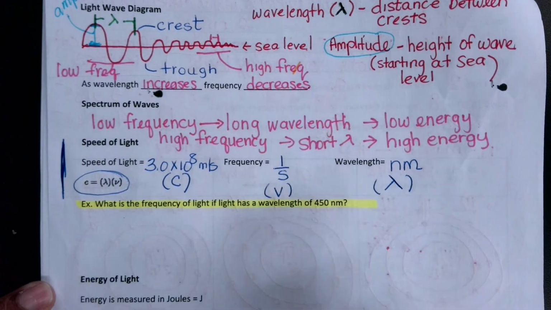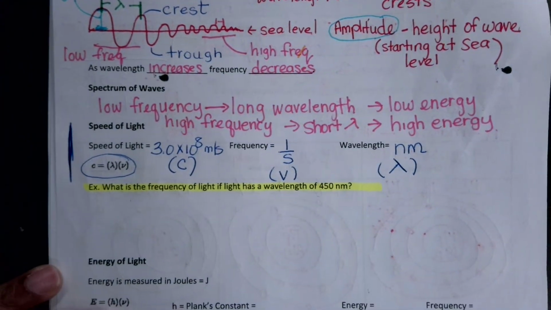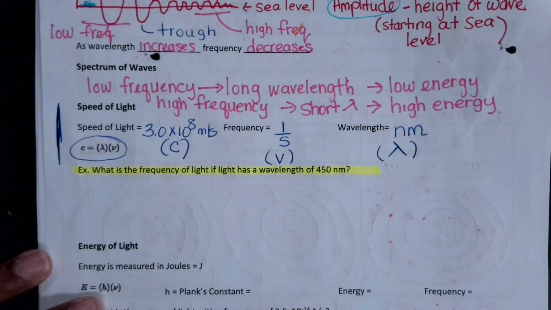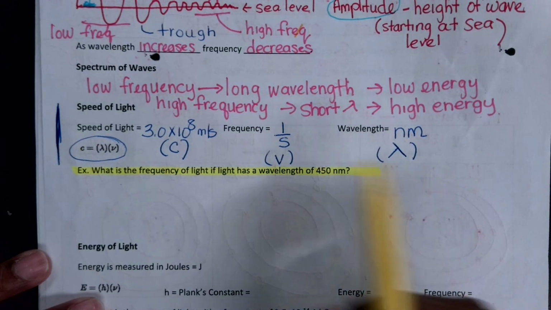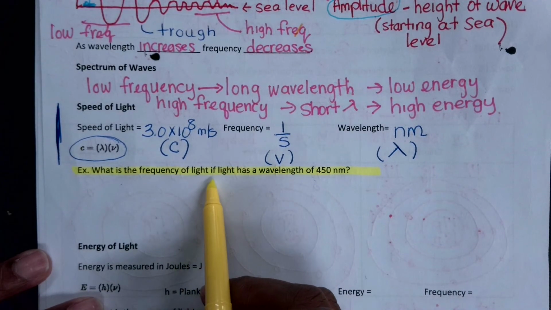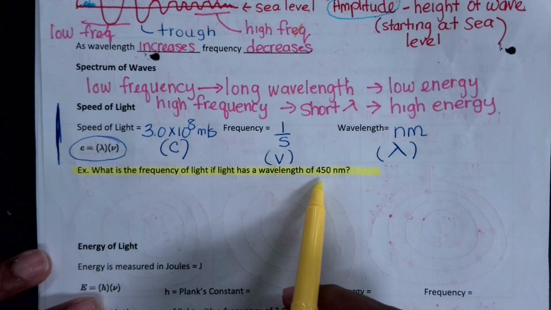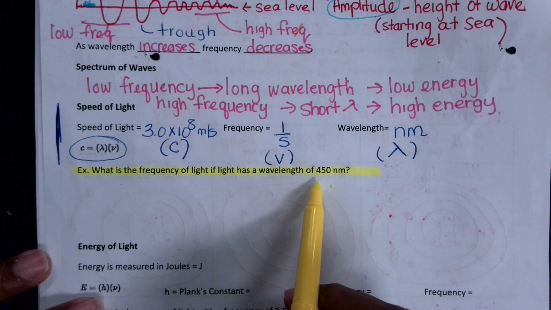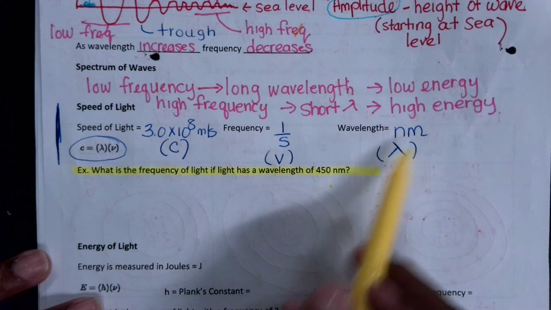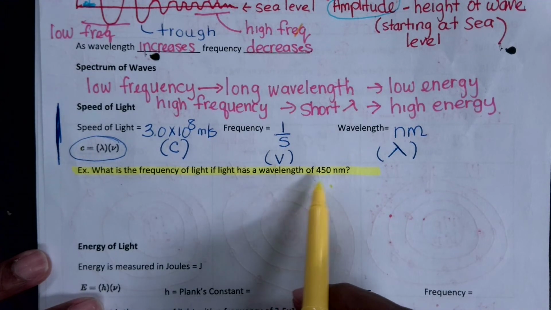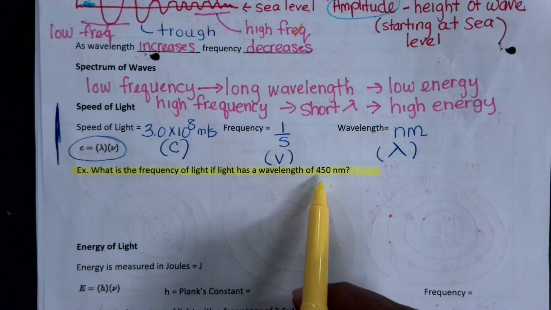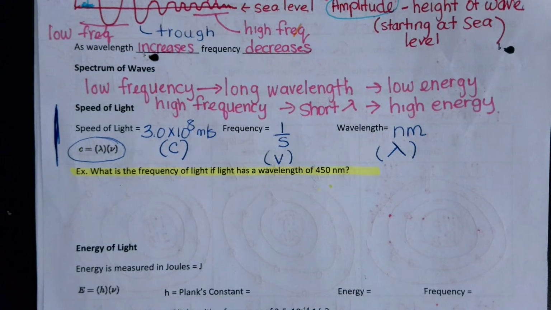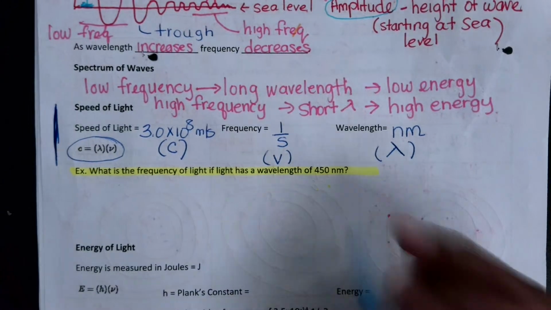So what is the frequency of light if light has a wavelength of 450 nanometers? Okay. So we have our wavelength right here. It's in nanometers. This is your slanted lambda because wavelength is in nanometers.